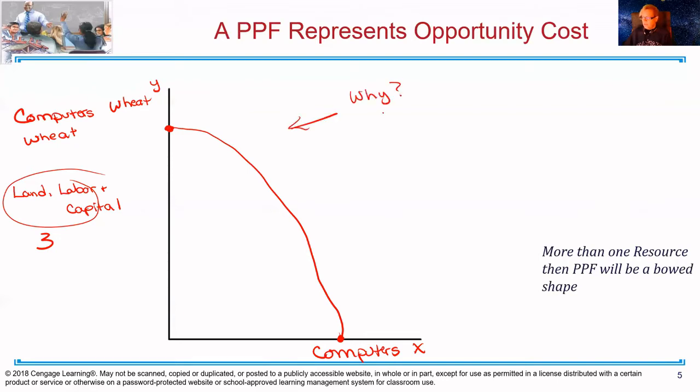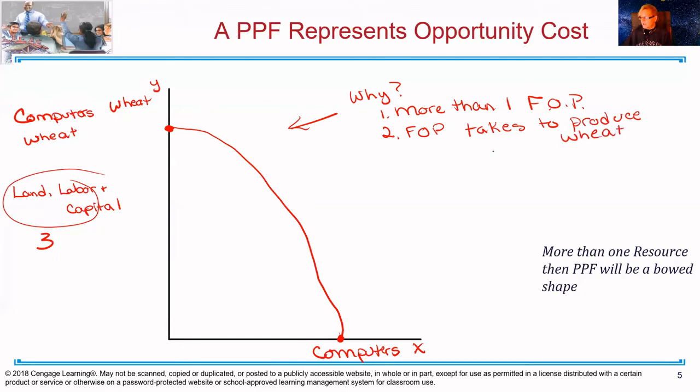Yes, we're measuring more than one factor of production. So I'm going to write that down first. Then one factor of production. The second reason is that the resources or factors of production that it takes to produce wheat are different than the factors of production to produce computers, right?